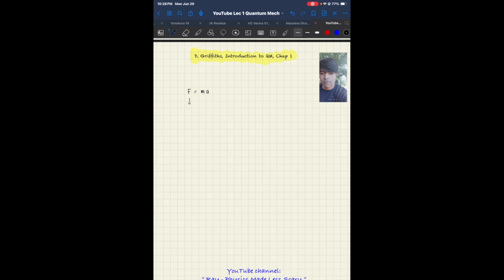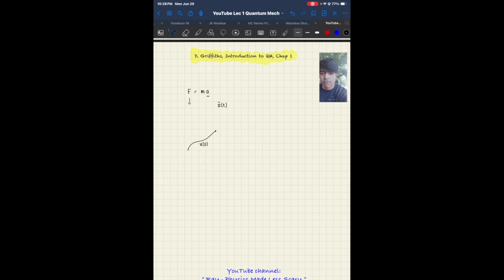the force is basically the derivative of the potential, the force acting on a particle, and this a is the second derivative of the trajectory of a particle, say this is a trajectory of a particle, x of t, t being time.